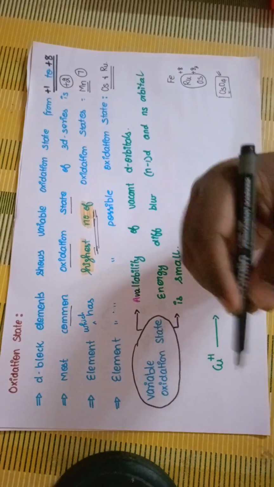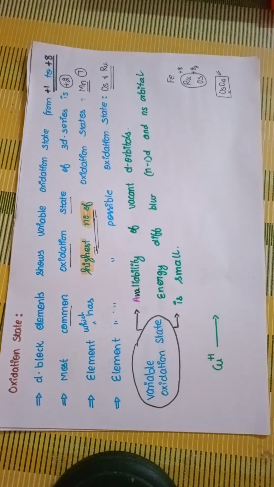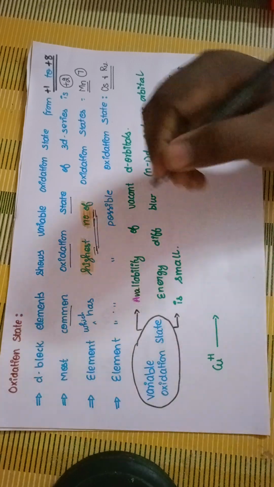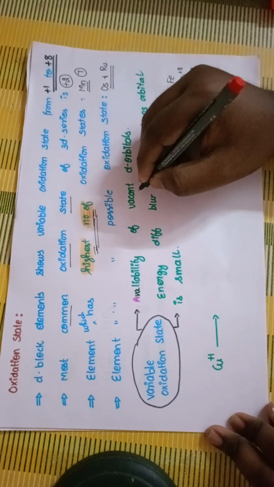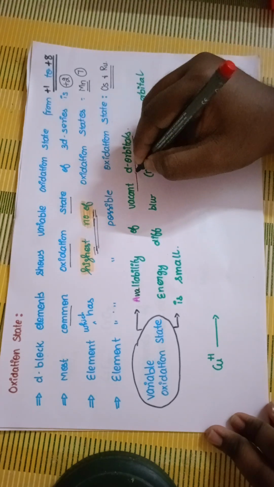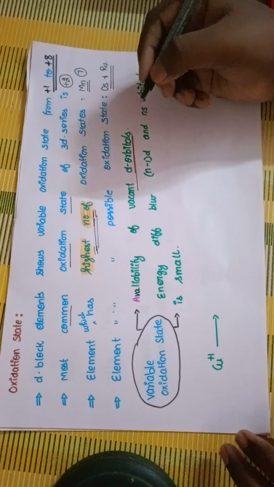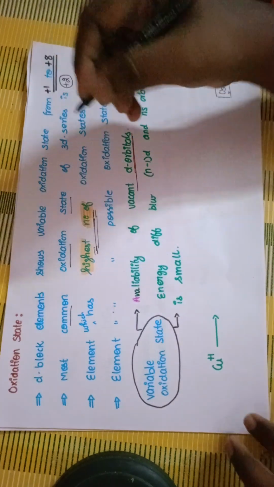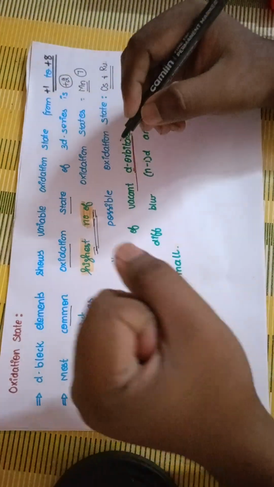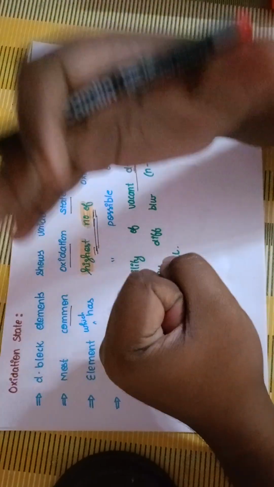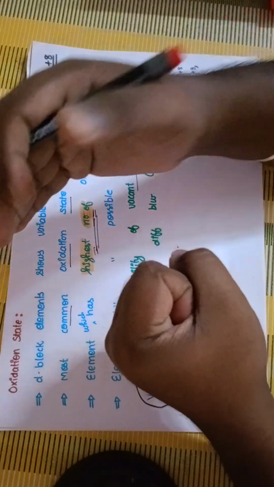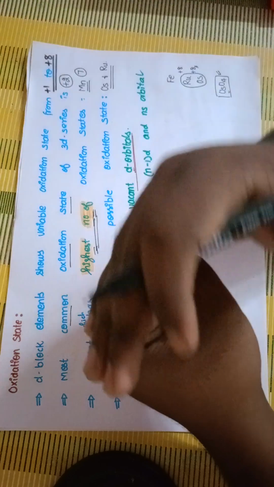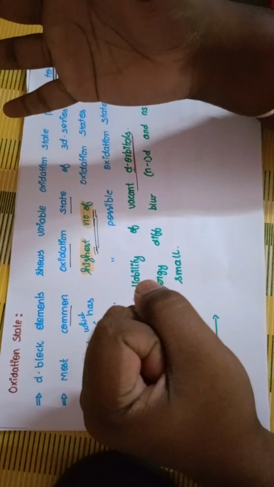Now we need to account for the reasons why d block elements show variable oxidation states. The reason is the availability of vacant d orbitals. We know the d orbital is diffused from the atom's nucleus. There are s orbitals, p orbitals, d orbitals. The d orbital is very far away from the nucleus, so it is diffused.